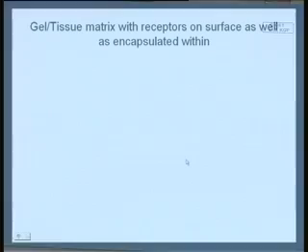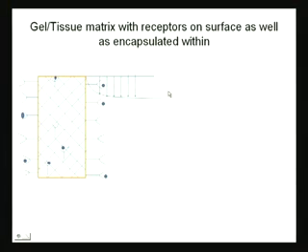Now let us go on to the next issue, and let us look at the screen here. This is a slightly more complicated, slightly advanced form of what we are doing. Till now we looked at encapsulated matrices where the enzyme was entrapped only outside, and now we are looking at a more practical case where the enzyme is entrapped outside as well as inside the matrix.